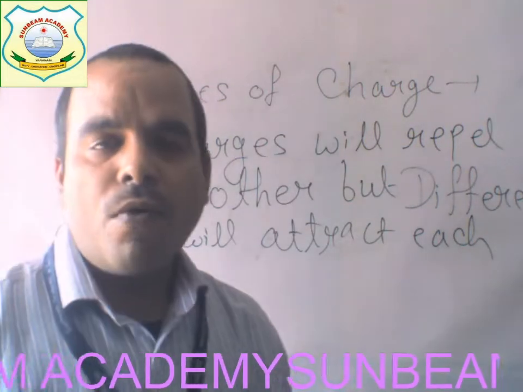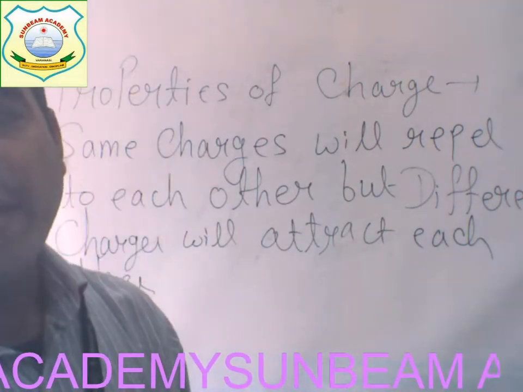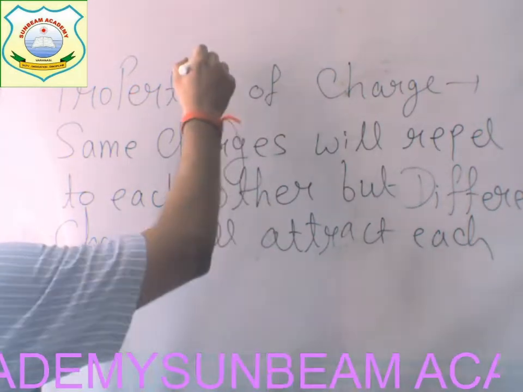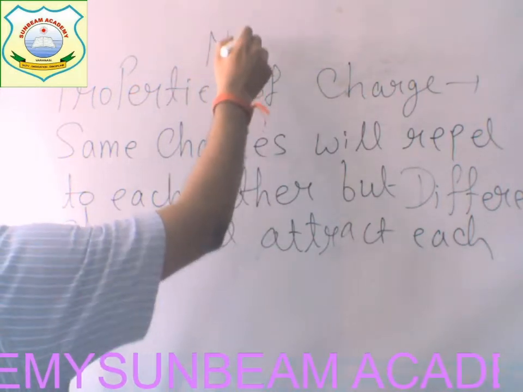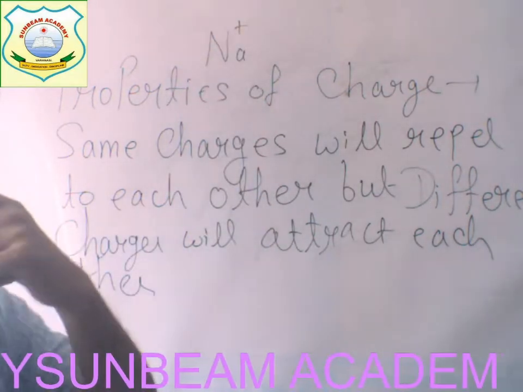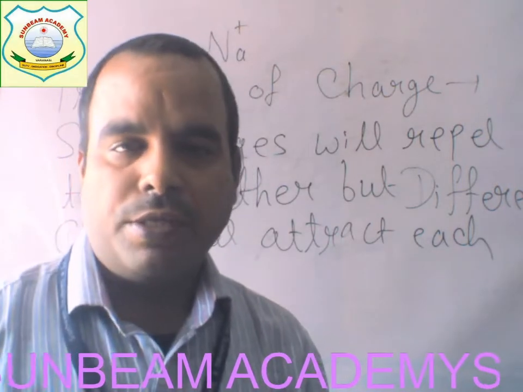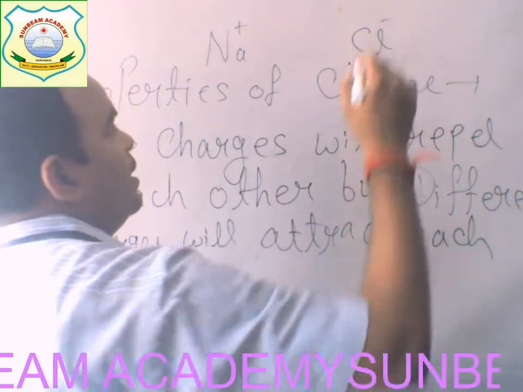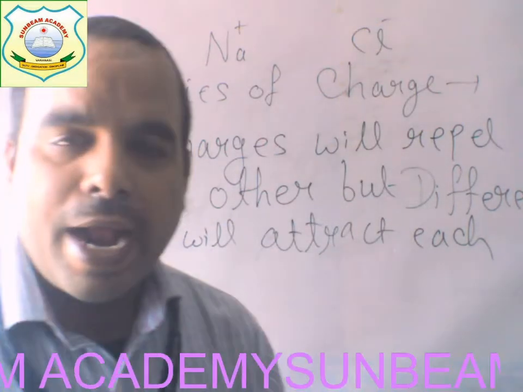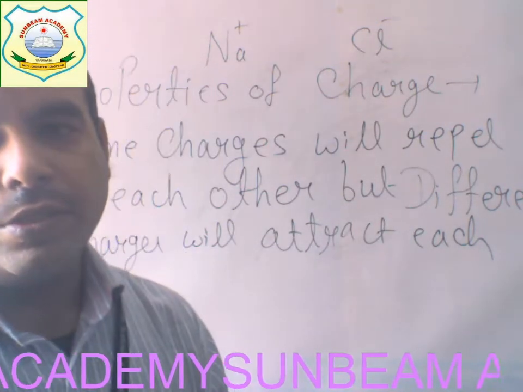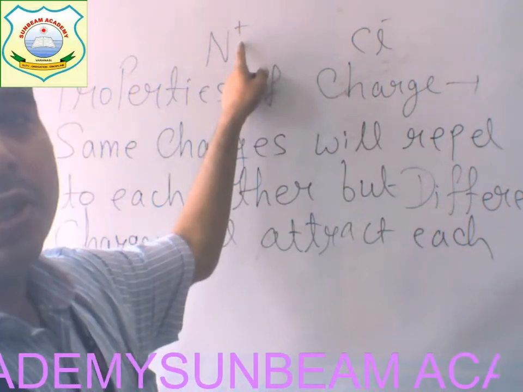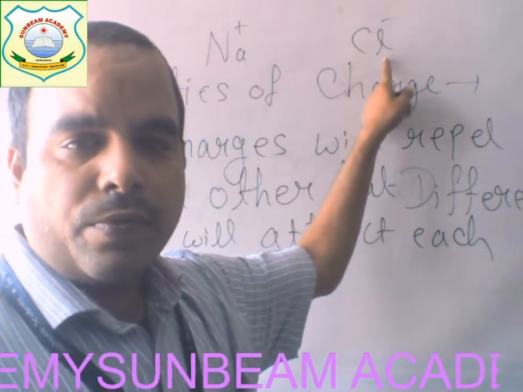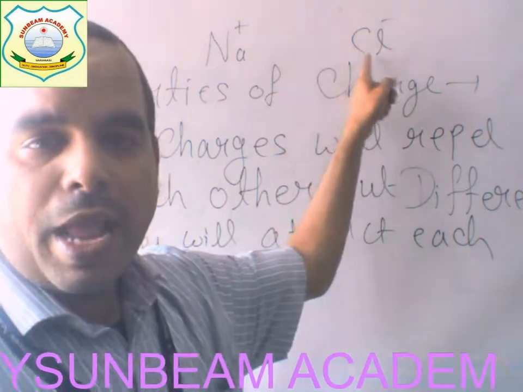Just with the help of one example, I want to clarify it more. Whenever I say Na plus, we know that it's a positive charge. Whenever we talk about Cl minus, we know it is the negative charge. It is positive, it is negative, so they will attract each other.